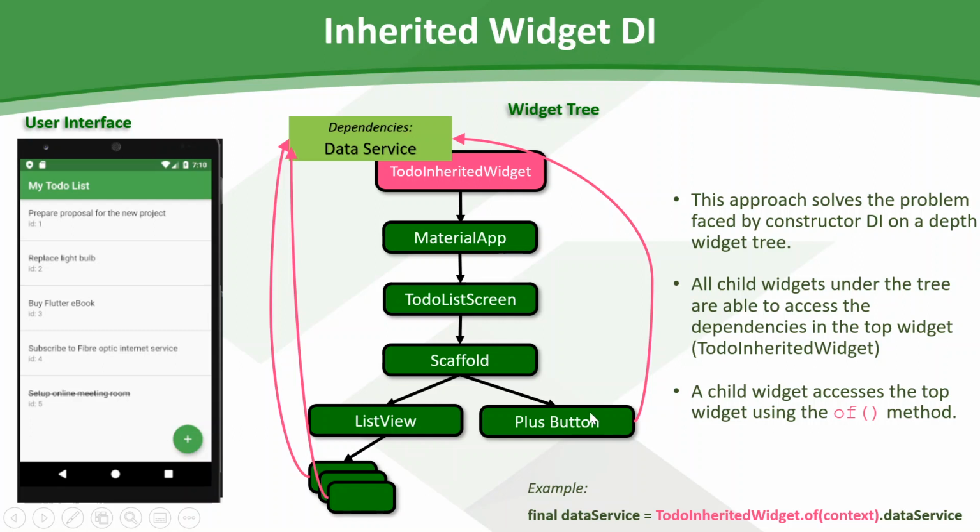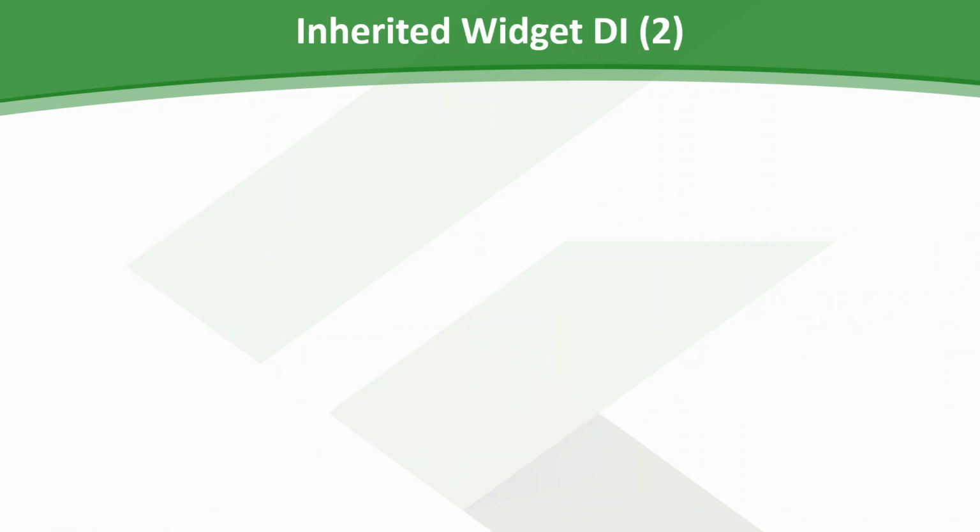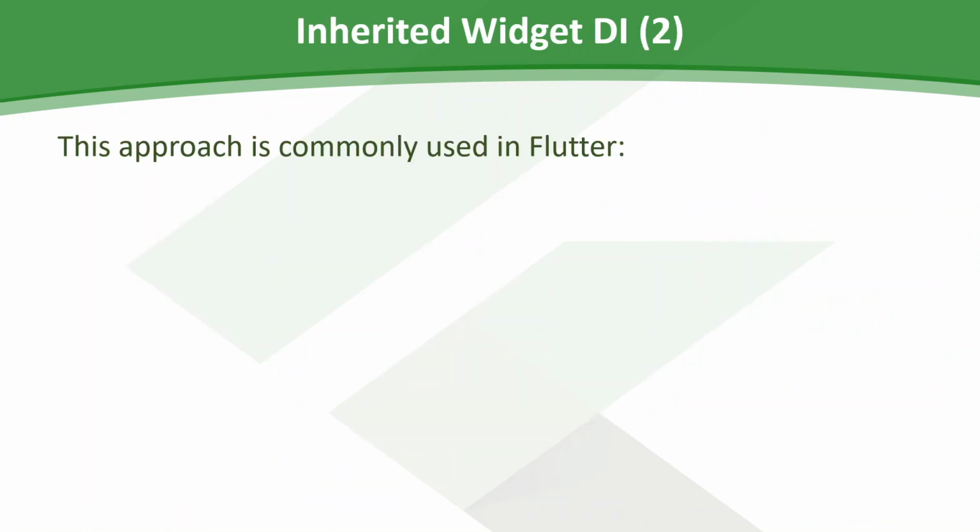This is only to get the dependency. This is the way we want to do it, like an imperative approach, go to the object. But we do it in a Flutter way, because Flutter is declarative, right? It's not an imperative approach.